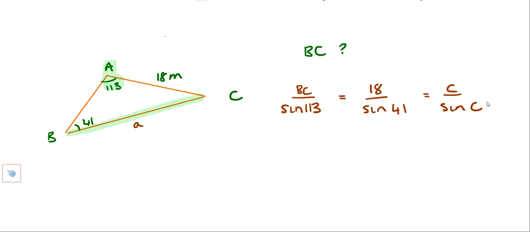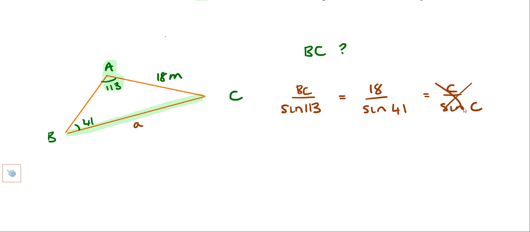Now here's the thing. When we need to solve something, we only need it to be equivalent one side to another, so we've got a value to solve it for. So when we use sine rule, we actually don't need all three parts of it. We only need two parts. So in this case, I don't need that piece of information.